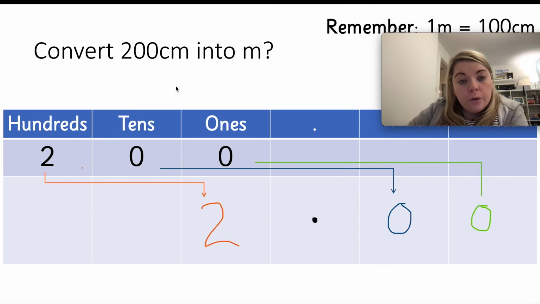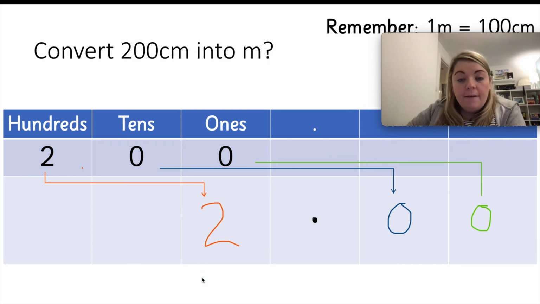So 200 centimetres is the same as 2.00, and you all know that when we say 2.00, if there's no other number other than 0 after the decimal point, we don't need to say it. So 200 centimetres is the same as 2 metres.